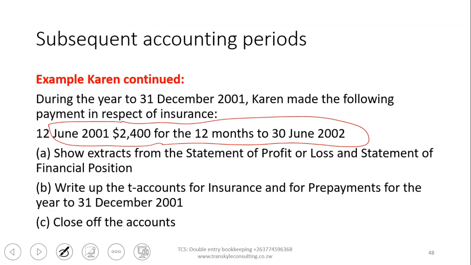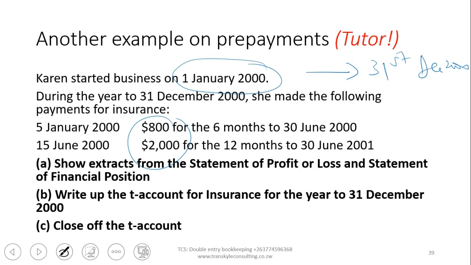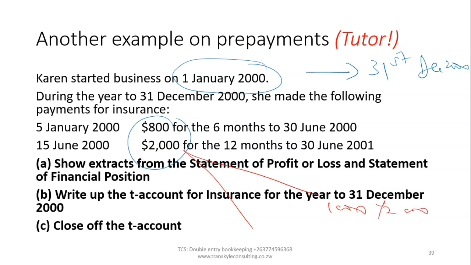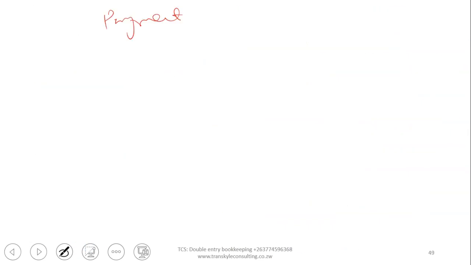If you still remember from the example on Karen, there was a prepayment. I'm sure this is the current example we are talking about, where we say that the 2,000 here was split. Okay, it was split $1,000 for year 2000, and another $1,000 for year 2001.